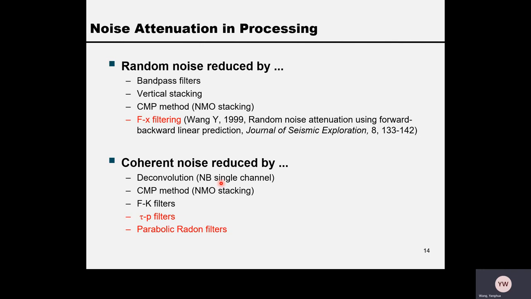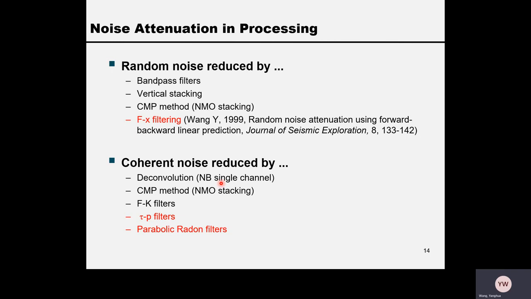The CMP method, NMO stacking, is an effective way to reduce the coherent noise. We already said it before. Last week, we tried to use the FK transform to separate different coherent events in the FK domain based on the dip information.